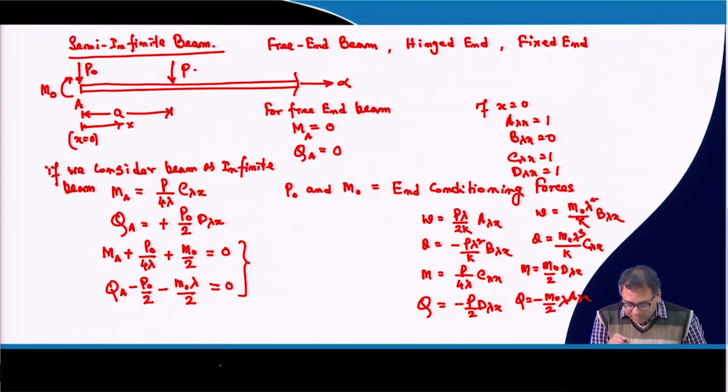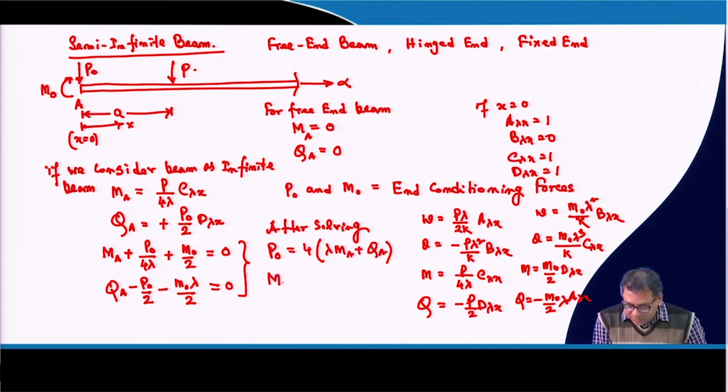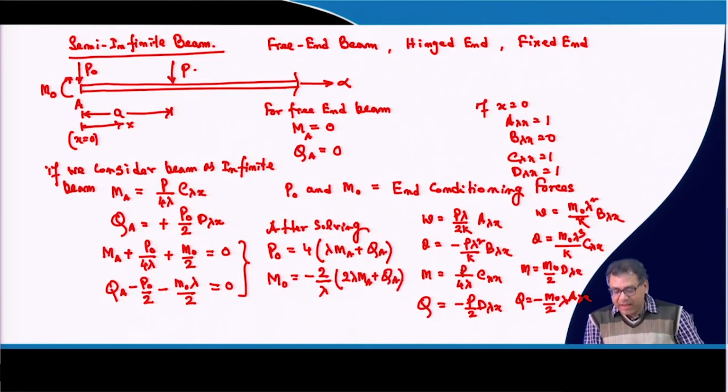So after solving, I will get the end conditioning forces: P0 will be 4 lambda MA plus QA, and M0 will be equal to minus 2 by lambda squared into lambda MA plus QA. So MA and QA I will get from these equations, where the equations are given.